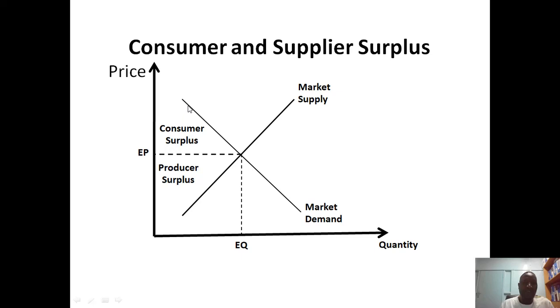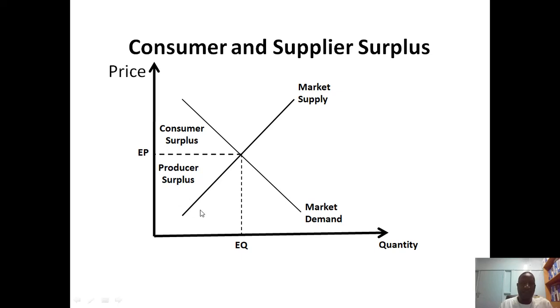Those consumers that are ready to pay a higher price, because the market has dictated this price, are paying less than they would pay for those products. So what is the consumer surplus? The consumer surplus is the difference between what a consumer may be willing to pay for a product and the actual market price.